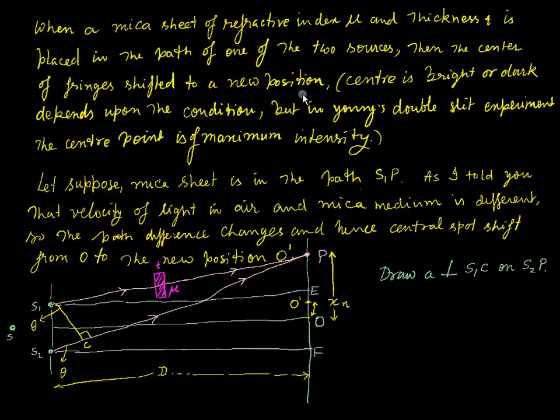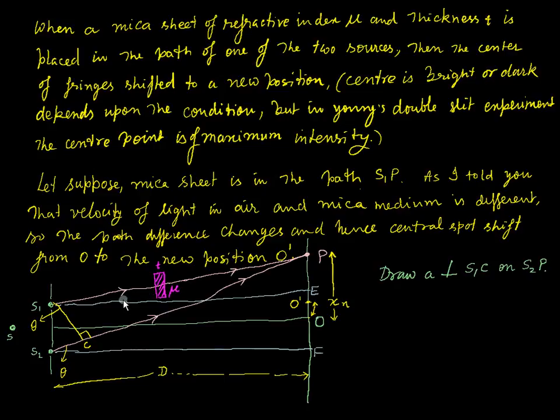What does it mean? Here there are two sources S1 and S2, as you have seen in Young's double slit experiment. These two light rays approach and join at this point P, and either a constructive interference pattern or a destructive interference pattern will develop, but it depends on the path difference, right? Those conditions.